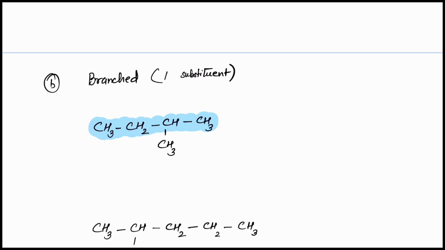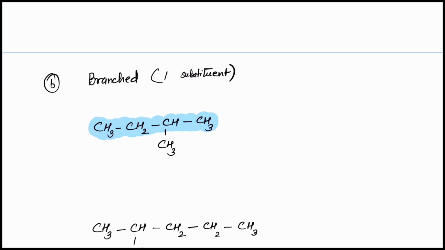Whenever there is branching, there is a possibility of more than one parent chain. In this example, if you move from left and then go downwards, you will see that this chain also has 4 carbon atoms. So any one of these can be selected as the parent chain. Let's select the straight one as the parent chain.